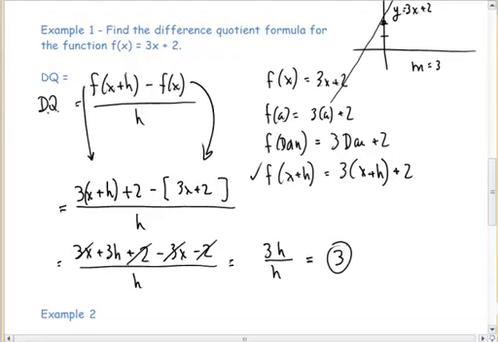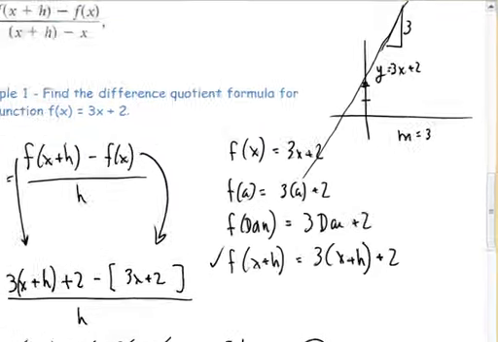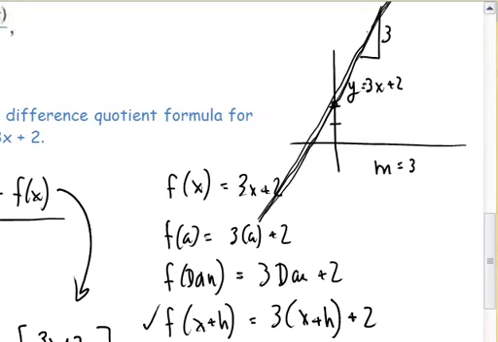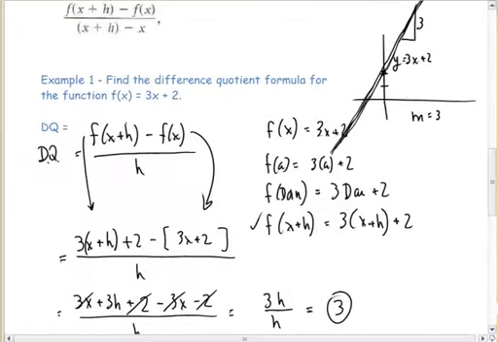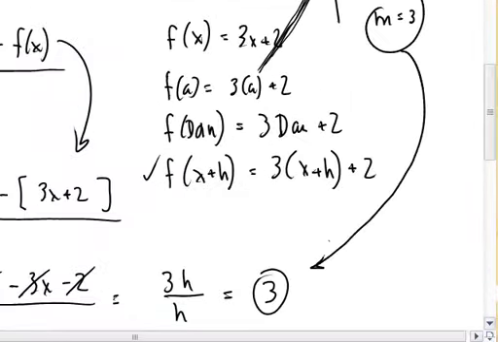So the difference quotient for this formula, which is a line, means the average rate of change. Now, anybody who studies pre-calc, we should all know that for any linear equation, the average rate of change of that line is the slope. So there's no mystery why the slope is the same value as the difference quotient.